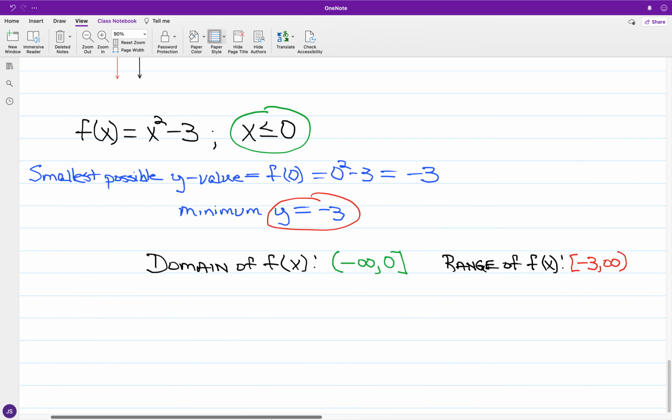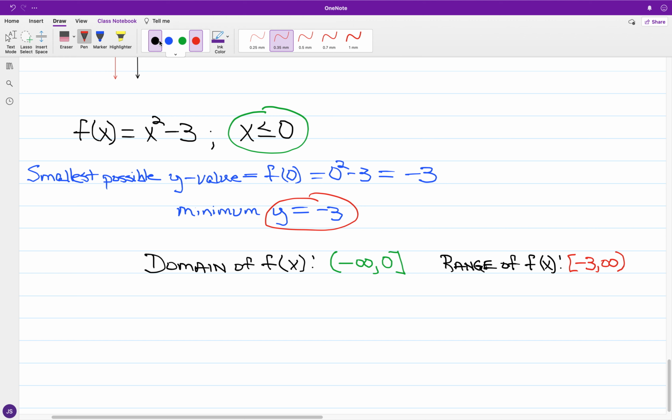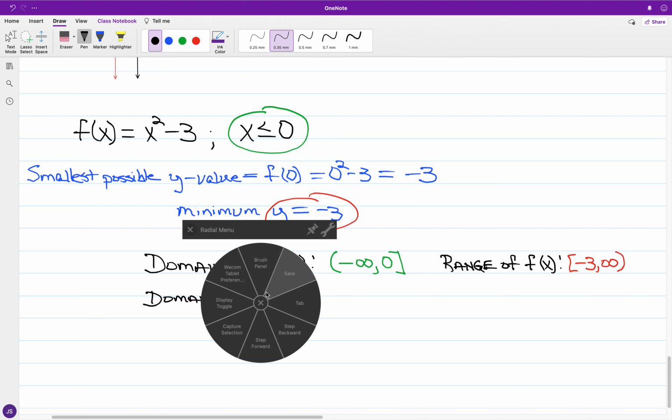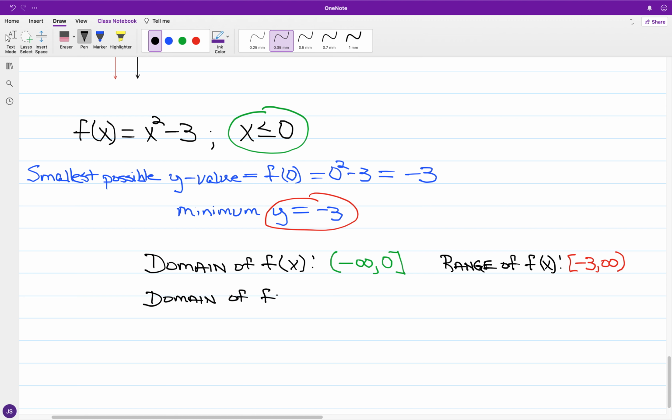Okay, and for what we have in the case of the inverse, now, I haven't gotten to the inverse yet, but we have the details in terms of its domain and range. So for the domain of the inverse, that's going to go from x equal to -3 and heading on out to infinity.